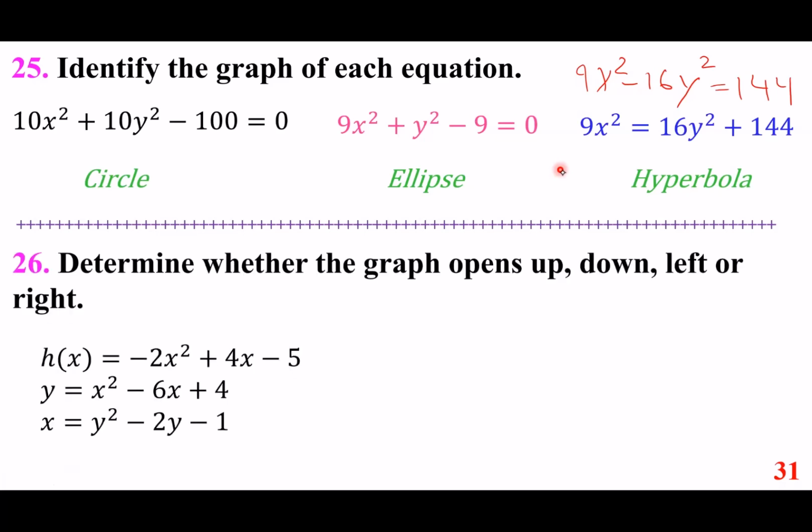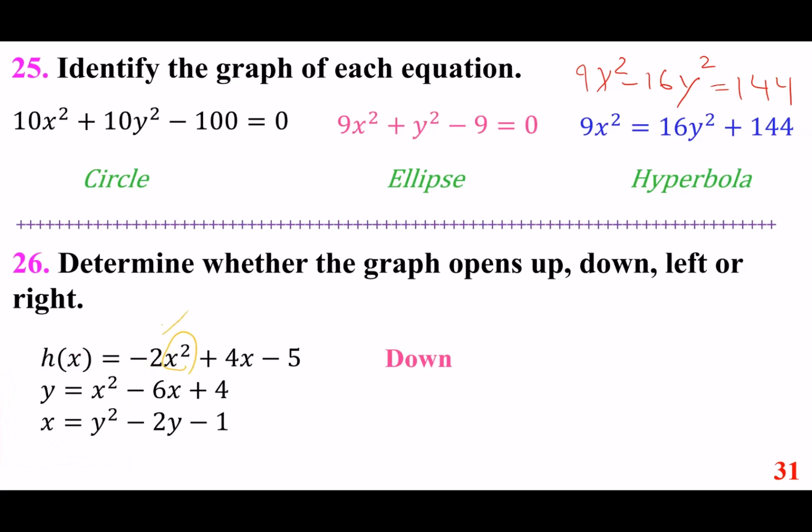Determine whether the graph opens up, down, left, or right. This one is quadratic with respect to x, so it either opens up or down. The reason it opens down is because a is negative.